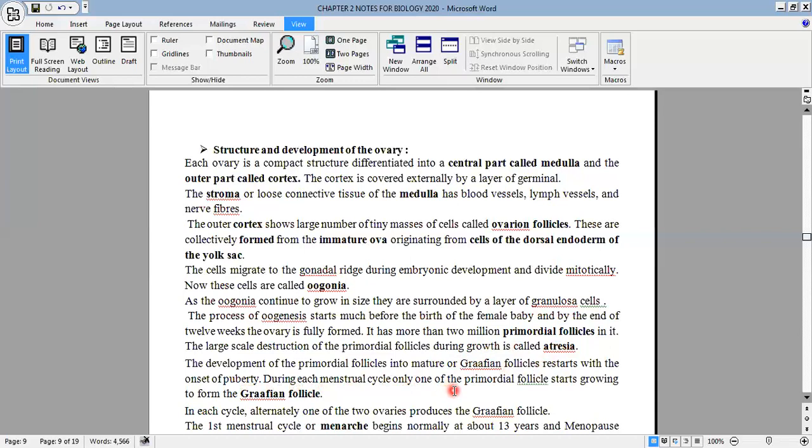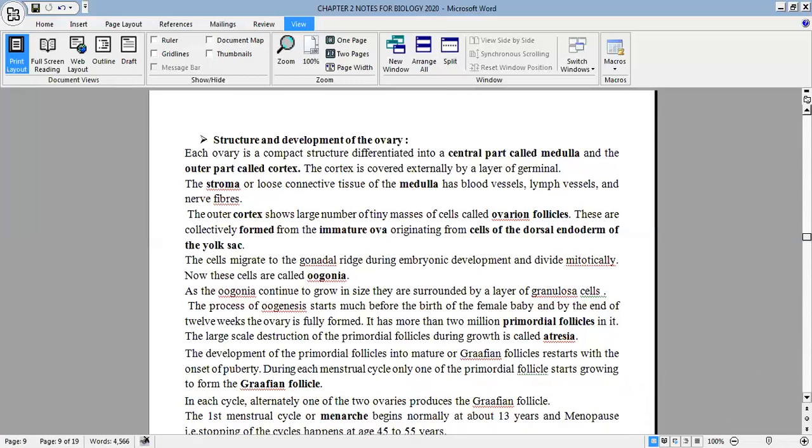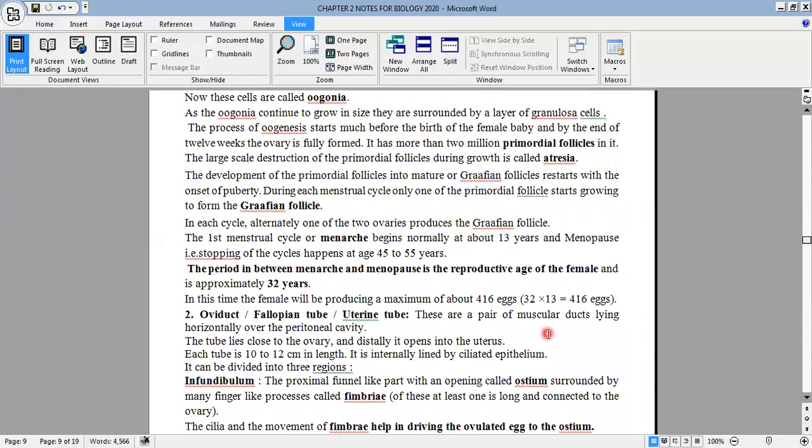During each menstrual cycle, one of the primordial follicles starts growing into a mature Graafian follicle. I repeat, only after the puberty, every month during each menstrual cycle, one primordial follicle will start developing into a mature Graafian follicle.